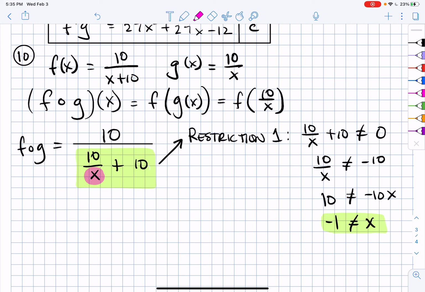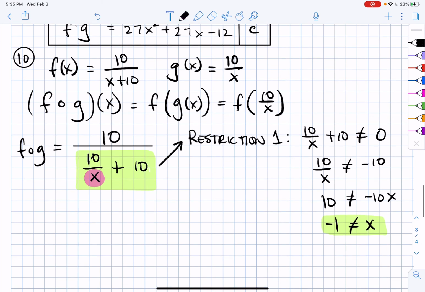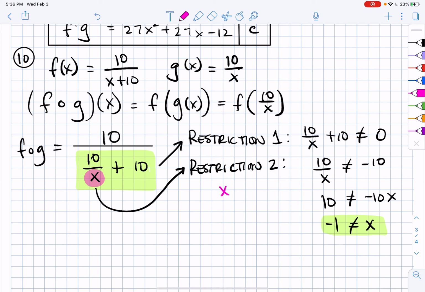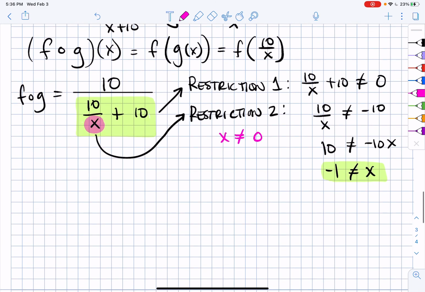So restriction 2: my x cannot equal 0. Now, is there anything else? No, because there's only really two denominators here, the big denominator and that little tiny denominator. So those are my two restrictions. If those are my two restrictions, that means I can have anything else.